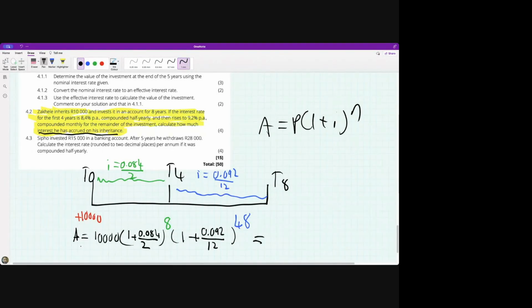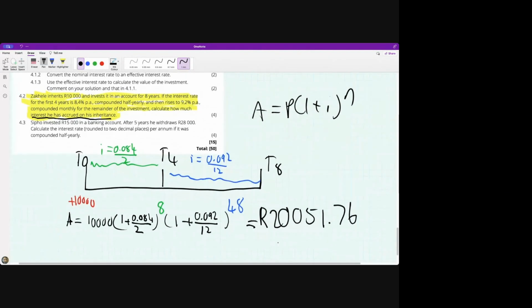10,000 times 1 plus fraction 0.084 over 2, close bracket, to the power of 8. And I'm going to go equals, so times, open bracket, 1 plus fraction 0.092 over 12, close bracket, to the power of 48, equals, now at this point in time, I'm going to have that much, but it said how much interest did I make?